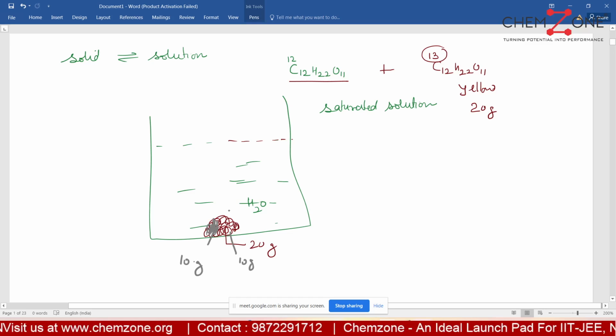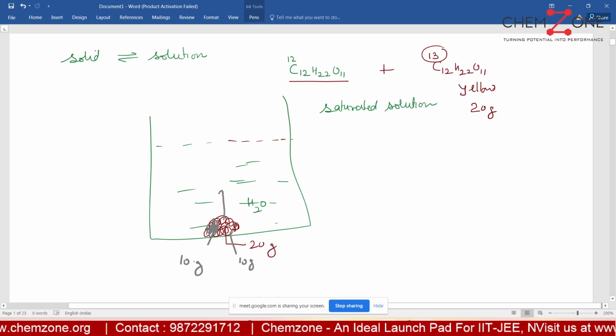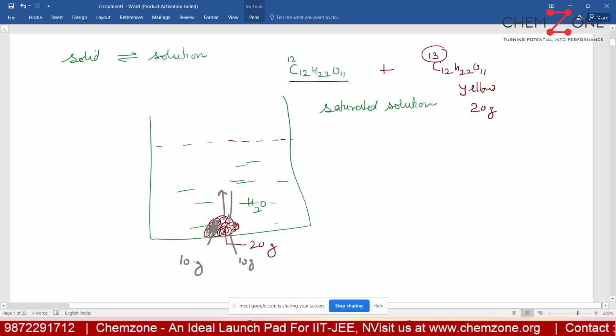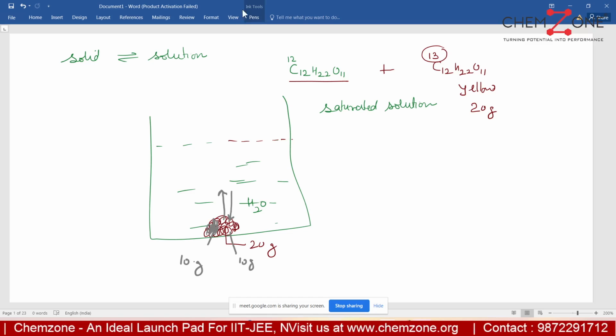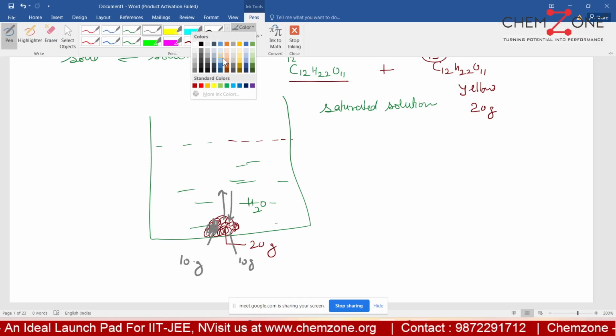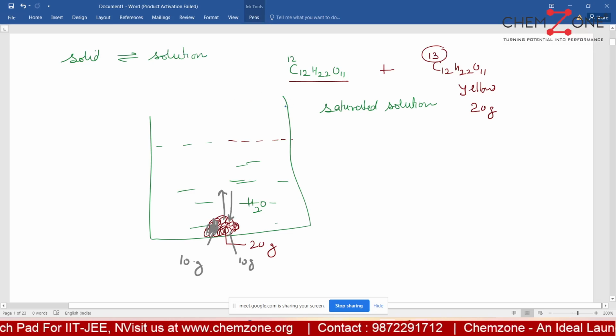It means what is happening is the speed at which it is dissolving, at the same speed the crystallization is going on. The dissolved sugar is getting crystallized and the undissolved sugar is getting dissolved.